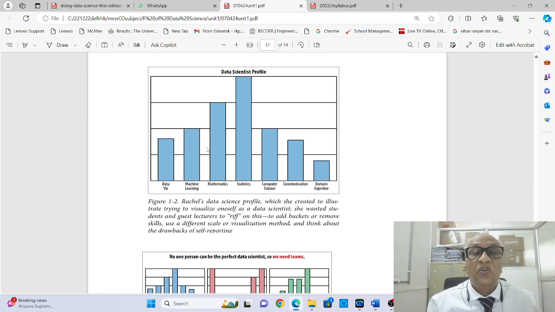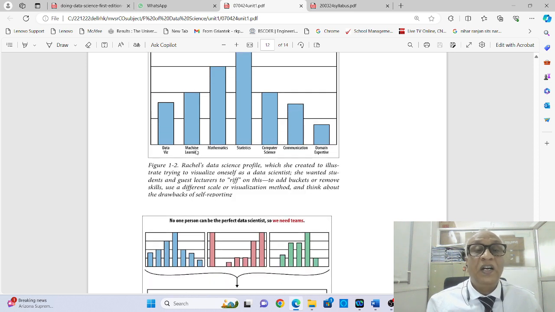So, when somebody visualizes himself as a data scientist and rates himself on a relative scale with these skills of visualization, mathematics, statistics, this kind of visualization may be visible.